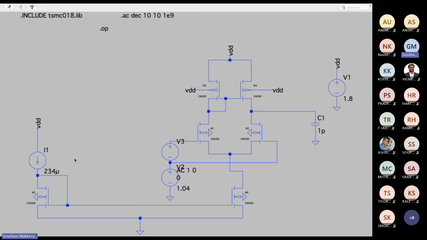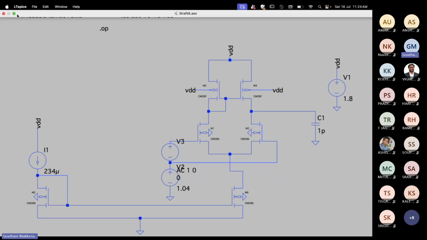So how can we better this? How can we better this from the previous lecture? I want to replace it with cascode. Yeah. So let us go and do that cascode arrangement. So I have done that already.